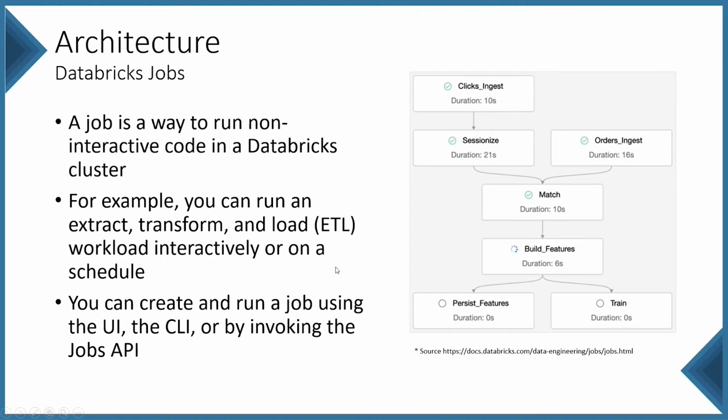But this job has a few advantages. You can create a Databricks notebook using Python, PySpark, or SQL, and you can run your entire ETL or ELT workload interactively or on a schedule. So in our case, in the current session, we can schedule it according to the business objective. What is the business objective?